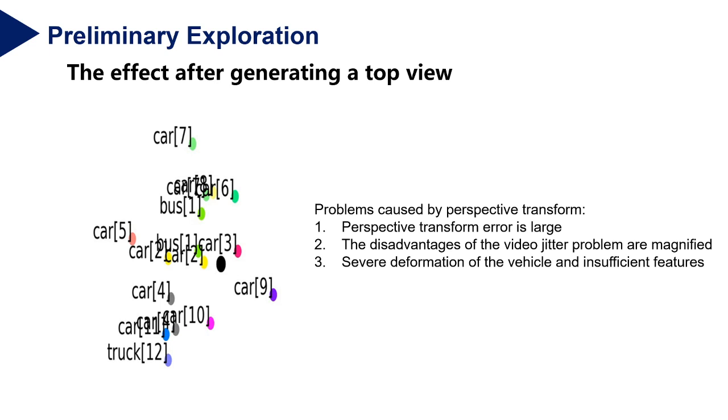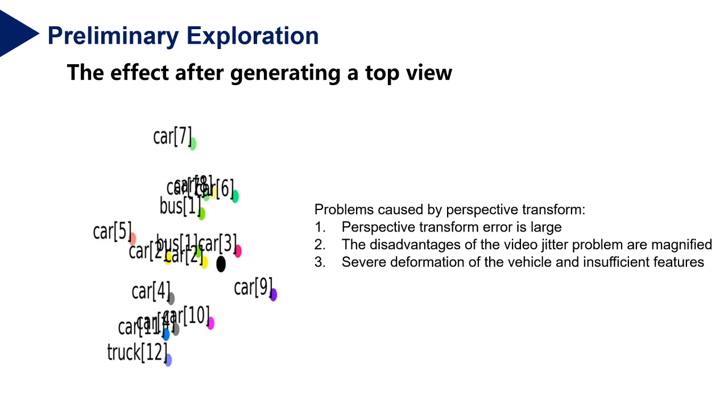The third one is that the perspective transformation also causes surface deformation of the vehicle, and the model cannot obtain sufficient features. The above reasons prevent us from using this approach, as it doesn't work.